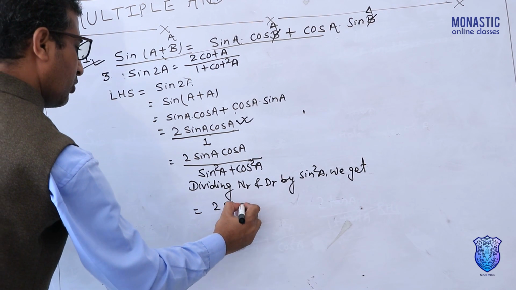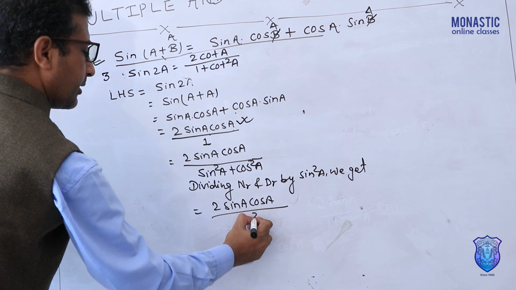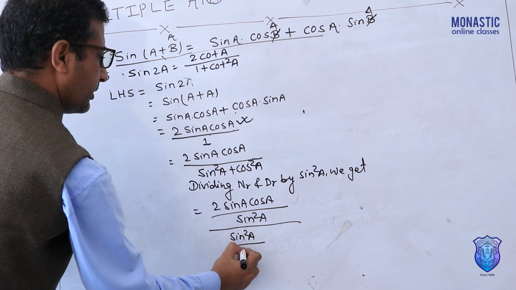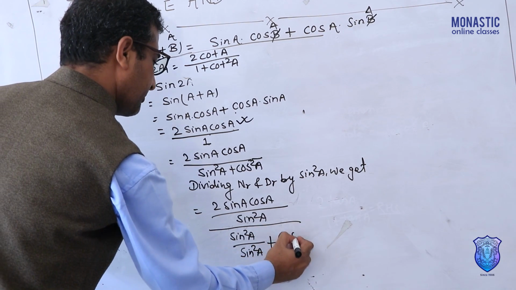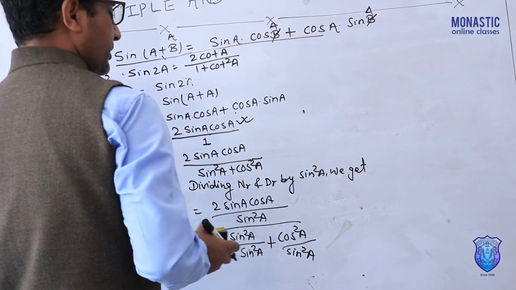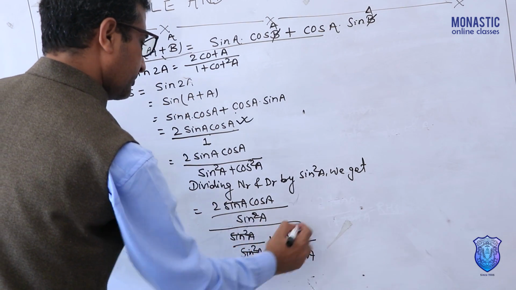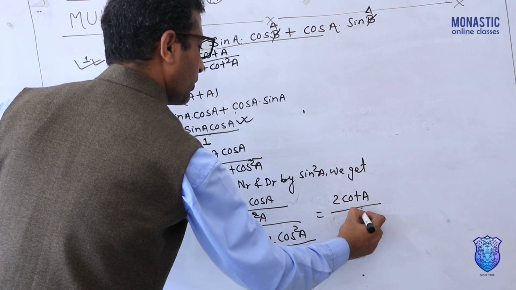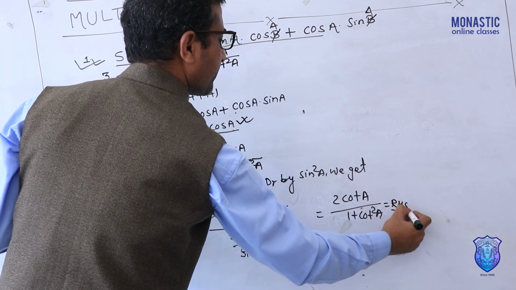2 sine A cos A by sine square A, and in the denominator sine square A divided by sine square A plus cos square A divided by sine square A. That means if we simplify, it is 2 times cot A by 1 plus cot square A, that is the RHS.